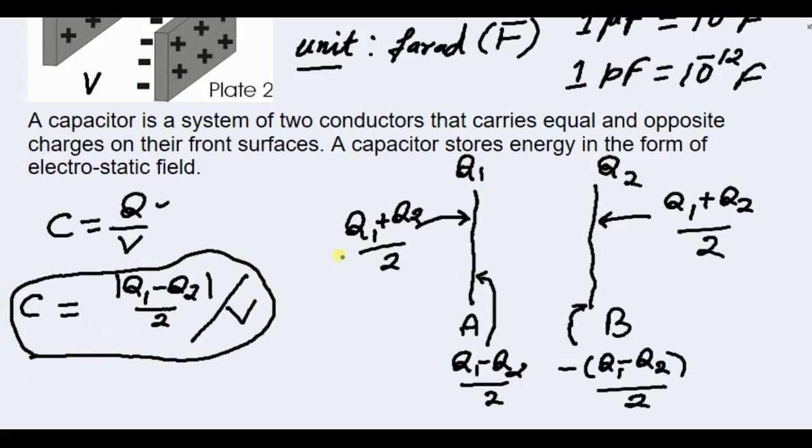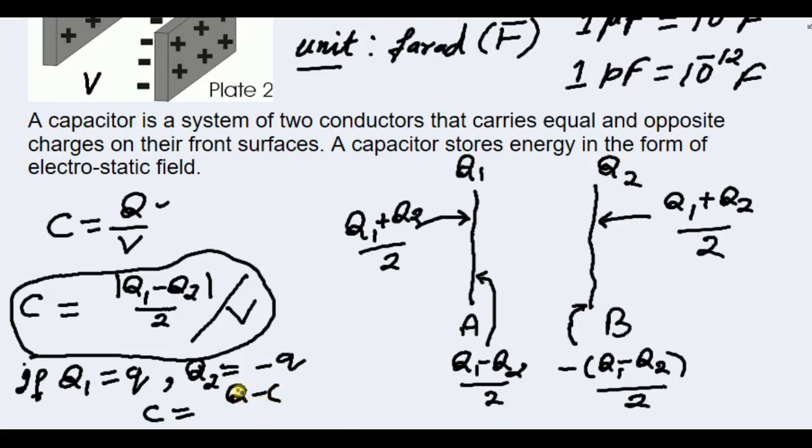If Q1 is equal to small q and Q2 is equal to minus q, then C will be equal to (q minus (minus q)) upon 2V.